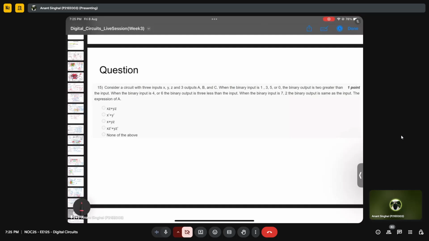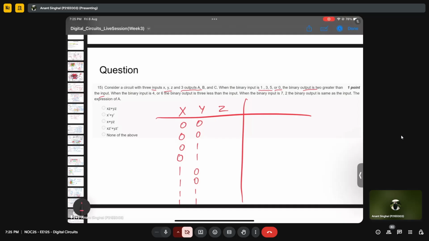So now, let's try this problem. It says consider a circuit with three inputs X, Y, Z and three outputs A, B, C. When the binary inputs are 1, 3, 5 or 0, the binary output is 2 greater than the input. So it has three inputs X, Y, Z. Since it has three variables, there are 8 combinations, basically 0, 1, 2, 3, 4, 5, 6, 7 in decimal notation.